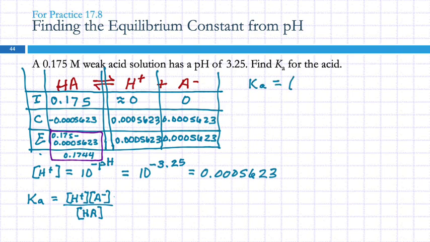Well, H plus and A minus are the same number, so we can just write that as the number squared. And that's going to be divided by the 0.1744 that we calculated for the HA equilibrium concentration. Oops, I forgot the squared. So 0.0005623 squared divided by 0.1744.